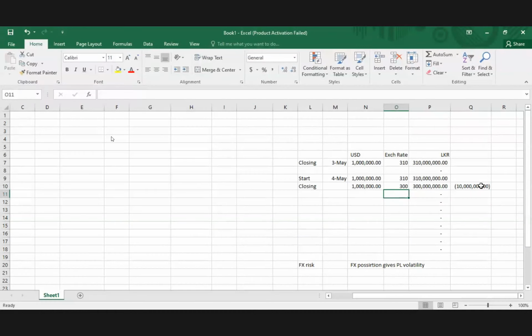Right? If I don't want to get this 10 million loss, what should I do? Let's say the tolerance limit I have is 8 million rupees. If that is the case, what should I do?